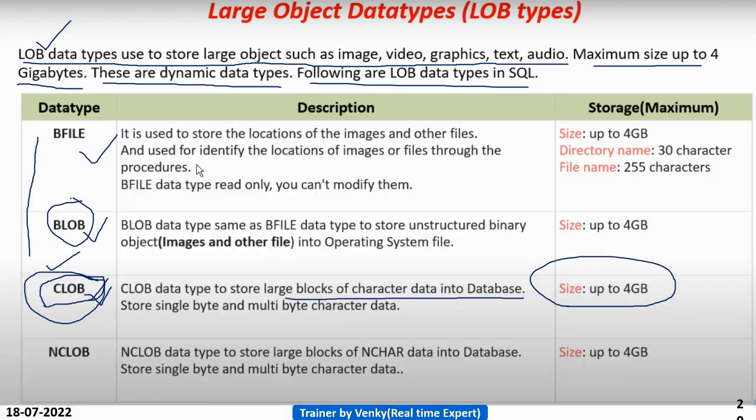Binary means whatever unstructured data is called binary data. So, can you have any structure for images, videos, graphics, how you need to store the data? We don't have any structure for that, right? So BLOB is used to store images and other files in your column.